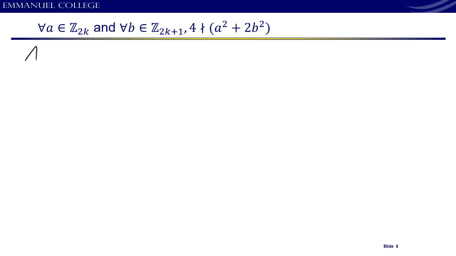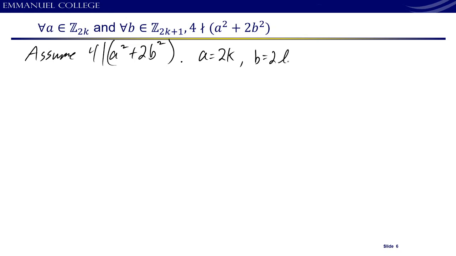Let's assume 4 does divide a squared plus 2b squared. So a is in 2k, which means a is even, so a is equal to 2k. b is in 2k plus 1, so we'll say b is equal to 2l plus 1.